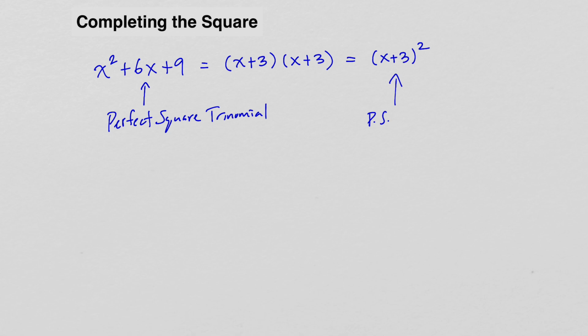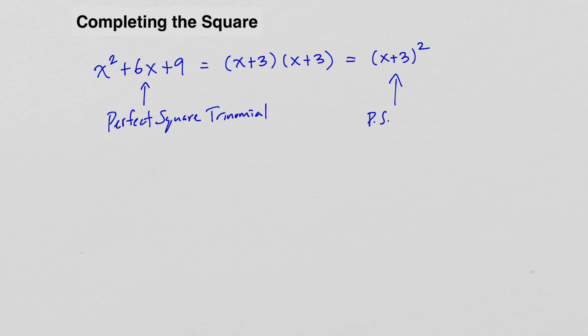We have something squared. But not all trinomials are perfect square trinomials. So what is it about this that made it a perfect square? Well, two things. Algebraically, the number 3, right? 3 plus 3 is 6, and 3 times 3 is 9. So the fact that these two numbers, 6 and 9, are the sum of 3 and 3 and the product of 3 and 3 is why this was a perfect square trinomial.